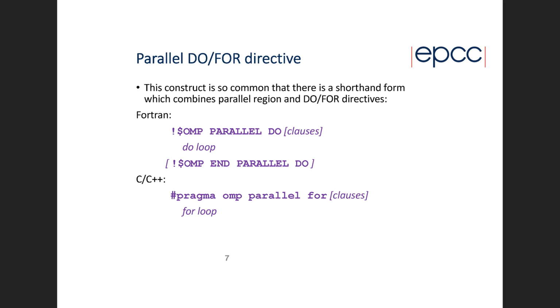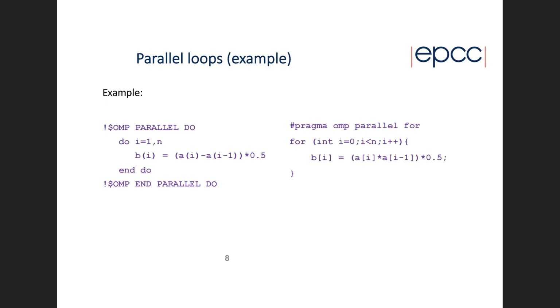Or in C, you can do hash pragma OMP parallel for, immediately followed by the for loop. So this is what the compact or combined directive form looks like in Fortran and in C.